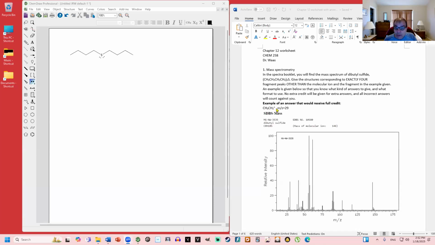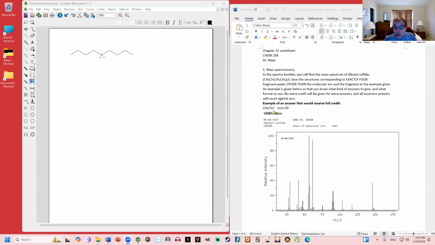Note well the format of the answer. We're giving the structure of a fragment that has a plus charge. Remember, in order to be visible on a mass spectrum, a species must be charged. So we're putting a structure that has a plus charge and then the mass of that structure, which we get just by adding up the masses of the most common isotopes of all of the atoms in the formula.